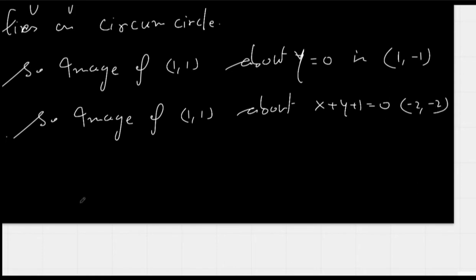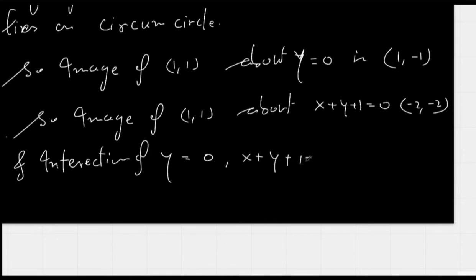And the intersection of y equal to 0 and x plus y plus 1 equal to 0 is minus 1 comma 0, right? So let the equation of the circle be x square plus y square plus 2gx plus 2fy plus c equal to 0.